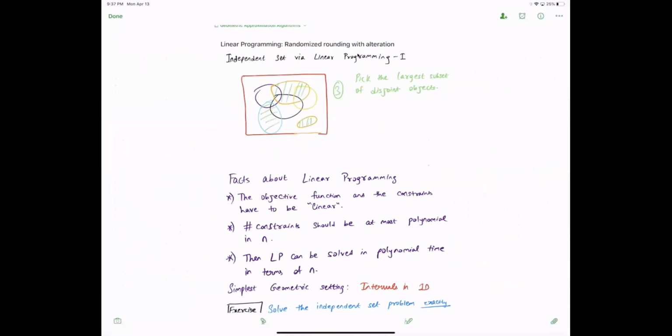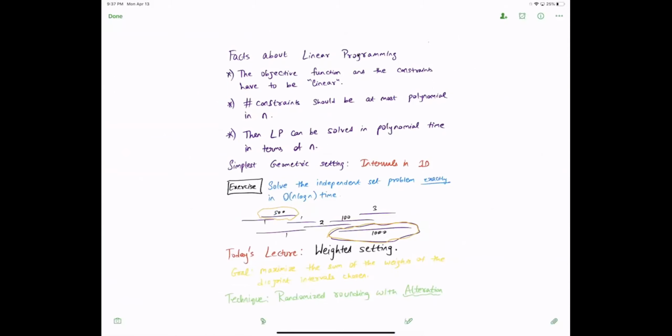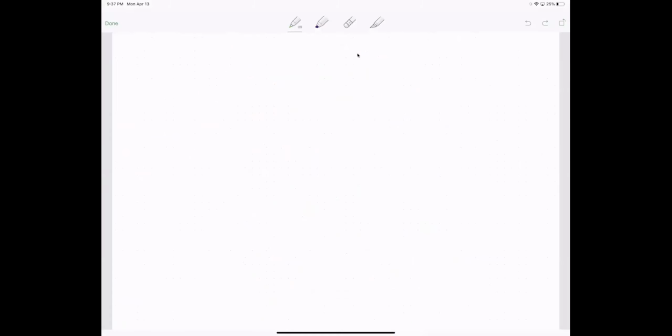Okay, so now we can start diving into the algorithmic details. We will show an algorithm for approximation.